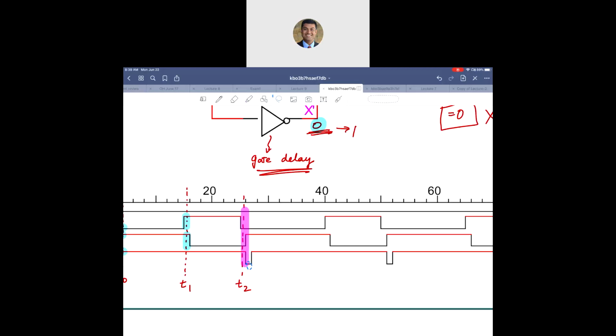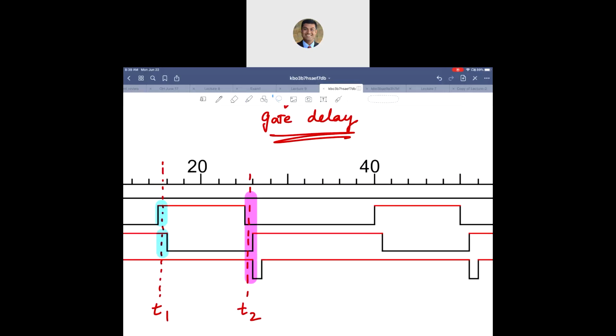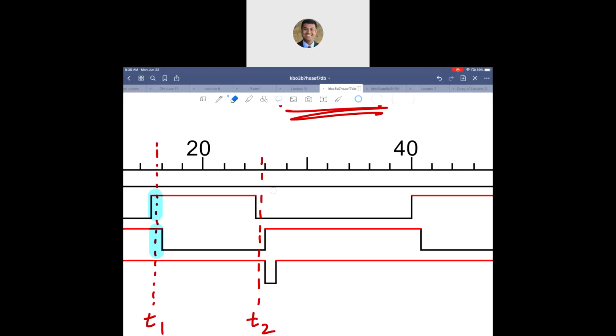Maybe it's all of it, right? Because let me see this. The x changes from 1 to 0. X complement takes some more time to change from 0 to 1. And because there is also a gate delay of the OR gate, f will have an accidental 0 after some time.